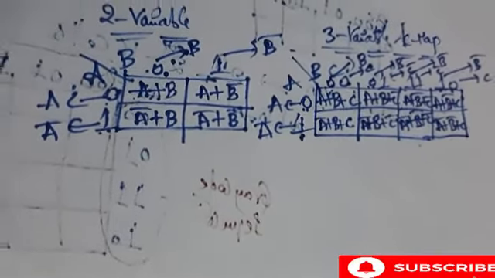Let's see the 4 variable K-map in the POS form.